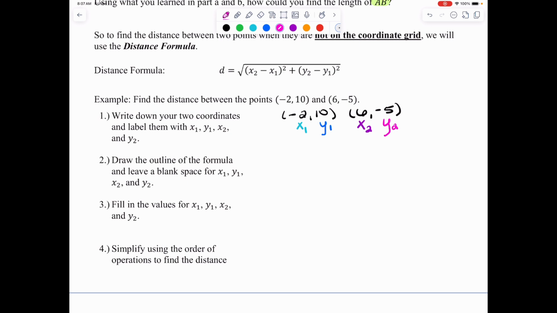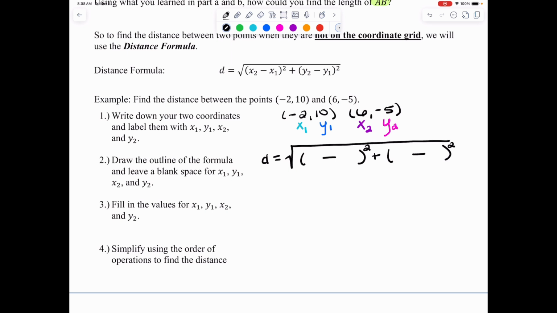So now that they're labeled, my next suggestion would be to draw the outline of the formula, leaving a space blank for us to put the x1, y1, x2, and y2 later. So I'm going to do the outline only. D equals, I'm going to make a big square root line, parenthesis, I'm going to leave a space for x2, put my subtraction sign, leave a space for x1, close my parentheses and square it, plus my parentheses, leave a space for y2, draw my subtraction symbol, leave a space for y1, and square it.